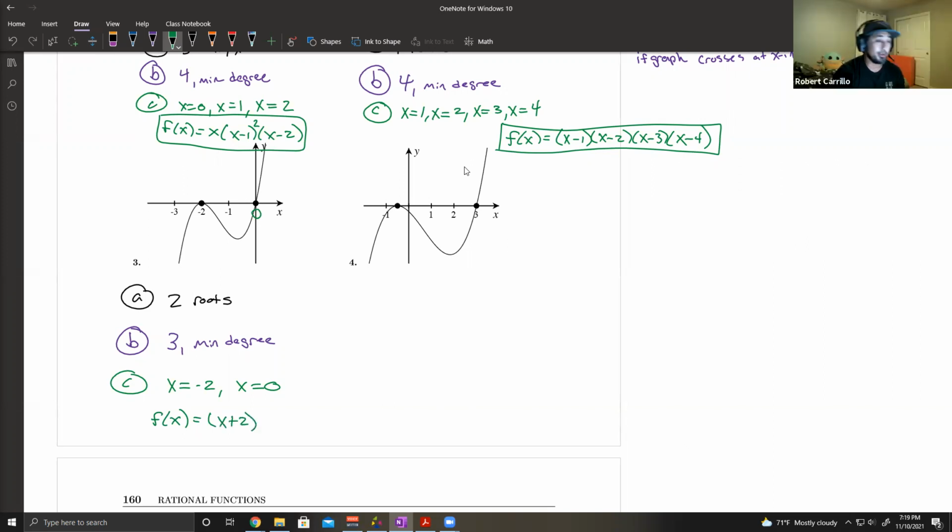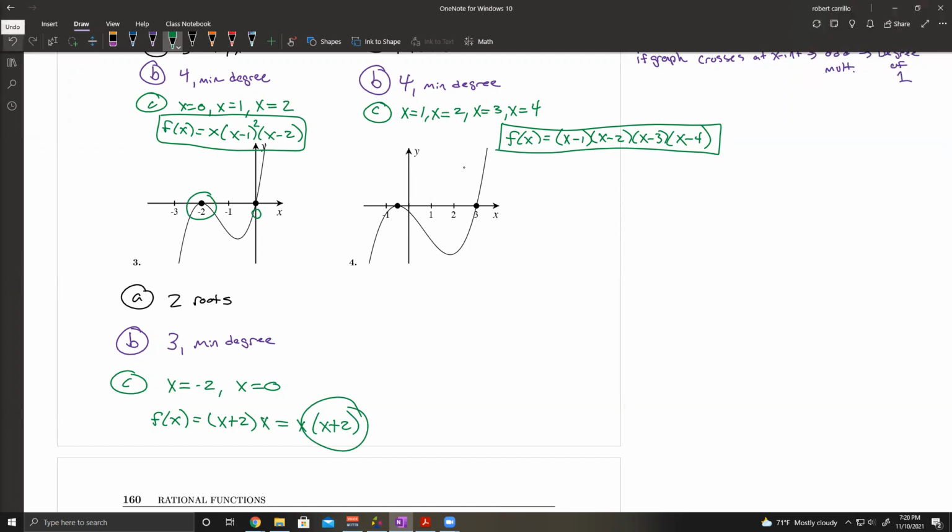And for x equal to 0, you just write x. But let's put that x in front. So you'd have x times x plus 2. And since at -2 we bounced, what should be the power on x plus 2? 2. There you go.